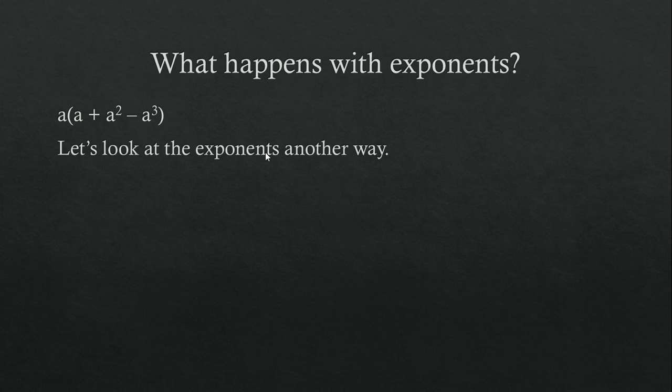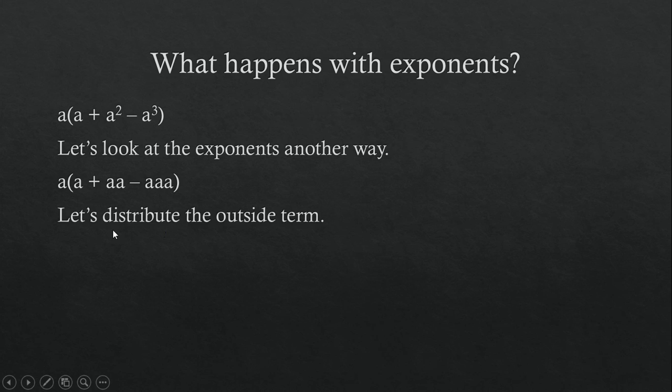So we're going to look at the exponents for what they are. They're multiplying. We'll start with the a squared. A squared means a times a. A cubed means a times a times a. So we just broke them up a little bit. Now we can distribute the outside term, which is the a. And each one of these terms now gets an extra a.